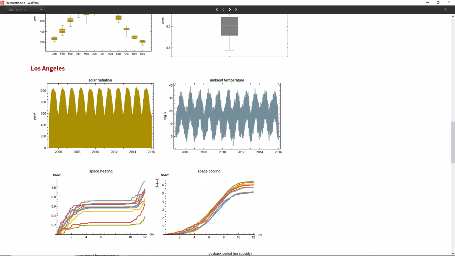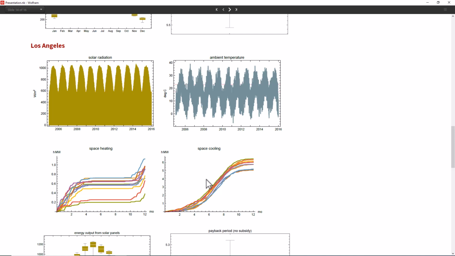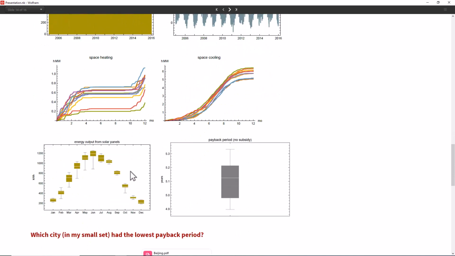And finally, Los Angeles also experiences a wide temperature range from 5 to 40 degrees Celsius, but has higher cooling demand compared to heating. It benefits from very good solar radiation with a peak production of 1200 kilowatt hour in June. The payback period is notably shorter at around 5 years.